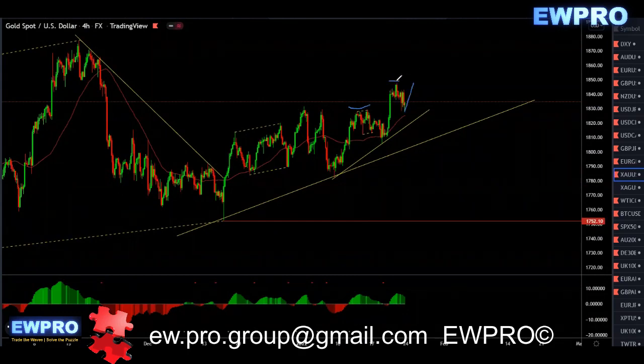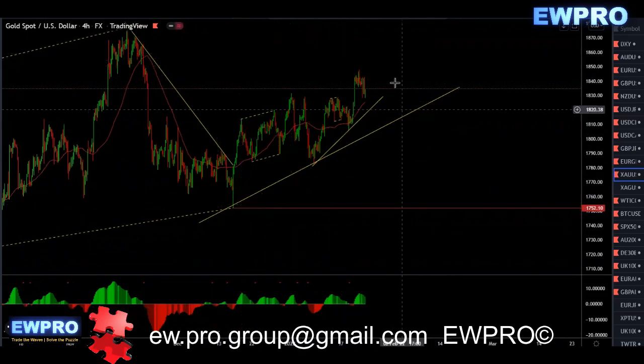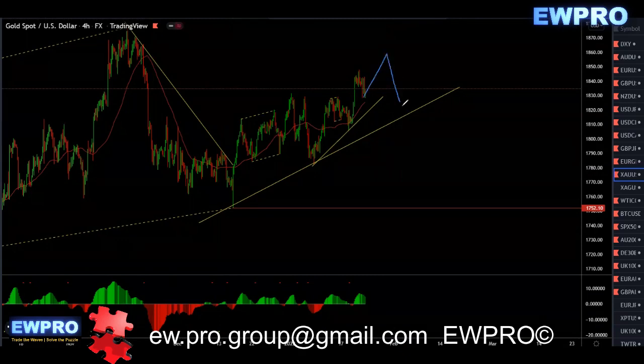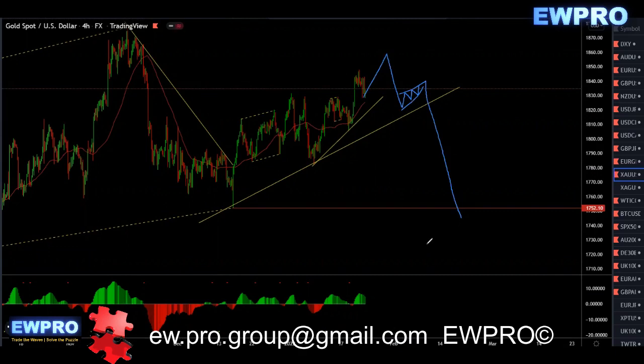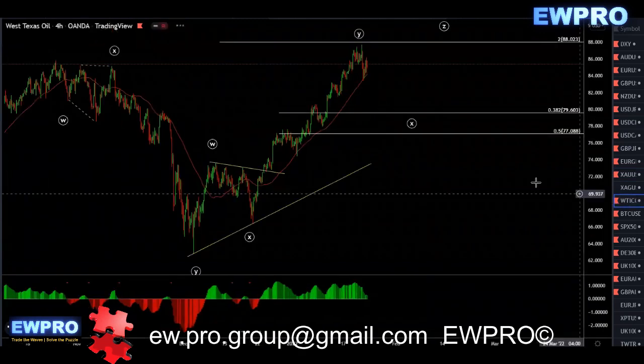So you can still scalp the buys, but you're really only scalping. And I'd be more interested in a sell setup, because this is looking so corrective. Whatever happens in here, get a nice impulse down, and then something to sell to look and go and break that low. It's quite difficult at the moment, gold.